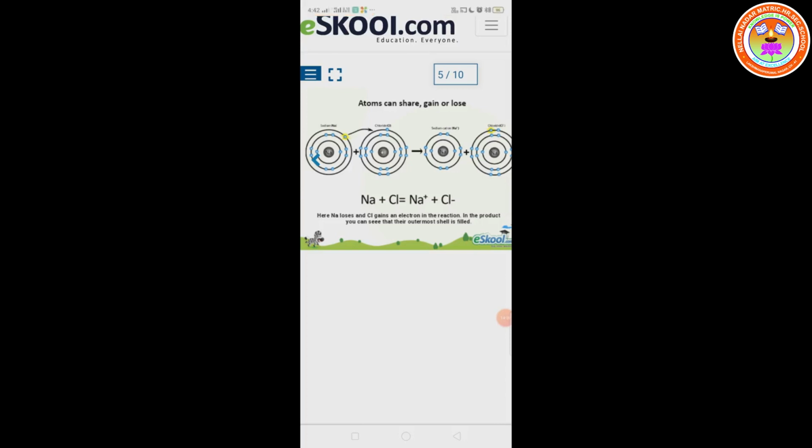That kind of bond is called an ionic bond or electrovalent bond. Here sodium loses and chlorine gains an electron in this reaction. In the product you can see that the outermost shell is filled.